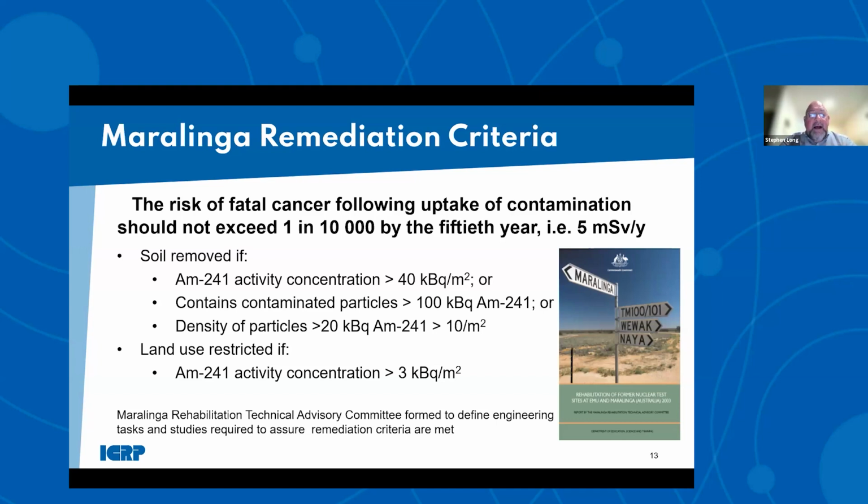And the use of land, primarily a prohibition on long-term occupation, would occur if the americium activity exceeded 3 kilobecquerels per square metre. If the americium activity concentration was less than 3 kilobecquerels per square metre, there will be no restriction on the land. And I highly recommend the publicly available report from the Technical Advisory Committee on the rehabilitation program for further information.